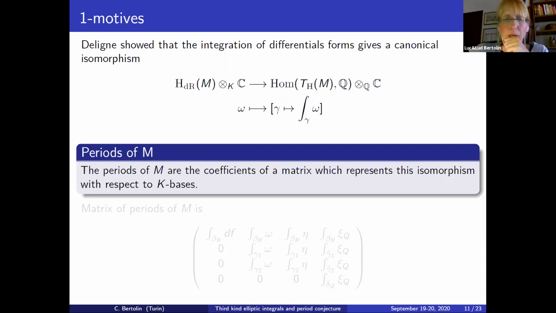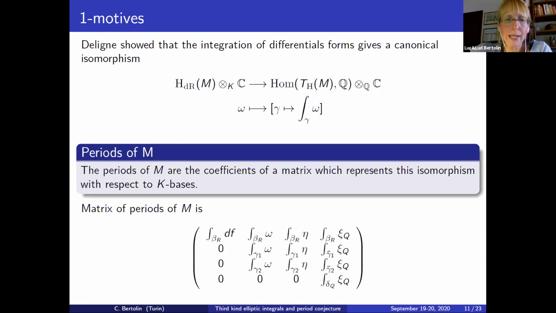So the periods are just the matrix of this isomorphism. This is true in general. The periods of an elliptic curve are the coefficients of a matrix which represents the above isomorphism with respect to K bases. This definition is not only for one motive, it is for projective varieties in general.